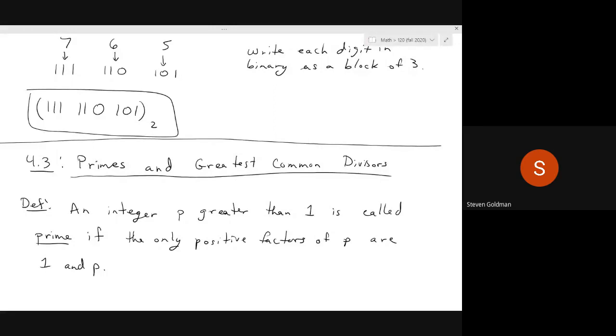So an integer p greater than 1 is called prime if its only positive factors are 1 and itself.